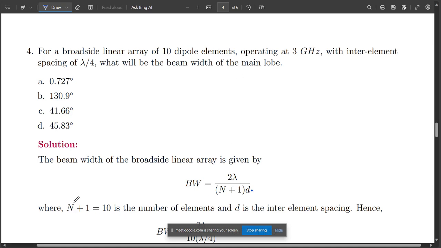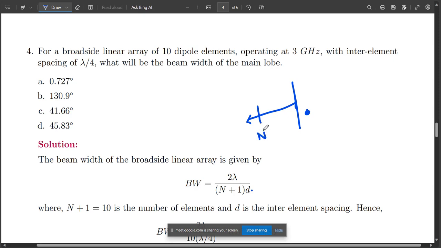So here n plus 1 is the number of dipoles. If you have gone through sir's lectures, you would know that the first dipole antenna is at the origin, and then we start counting. So if we have n plus 1 elements and the first one is kept at 0, the last one will be kept at what?